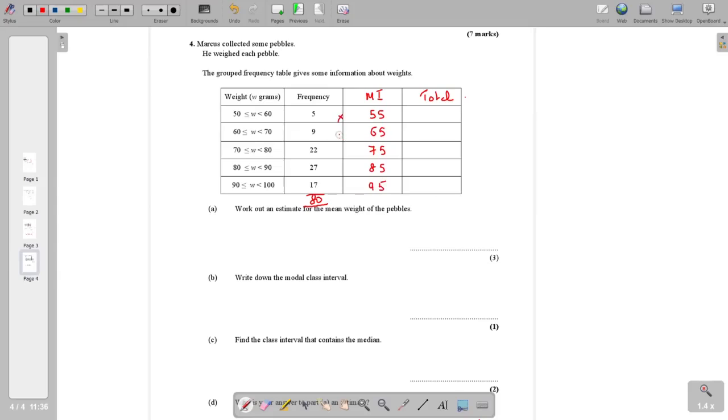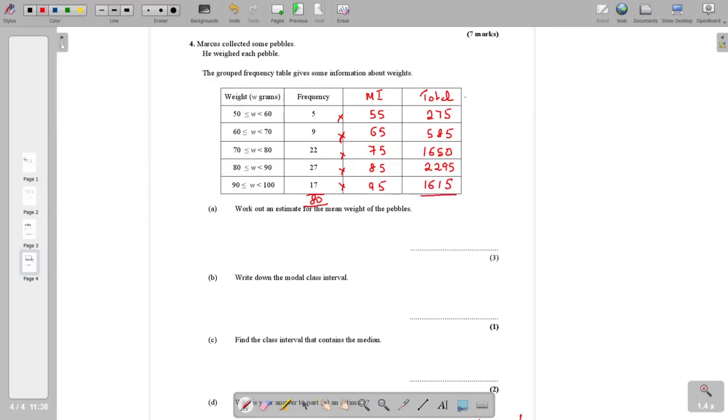Let's multiply. 55 times 5, 275. 65 times 9, 585. Next one is 1650. Next one is 2295. Next one is 1615.